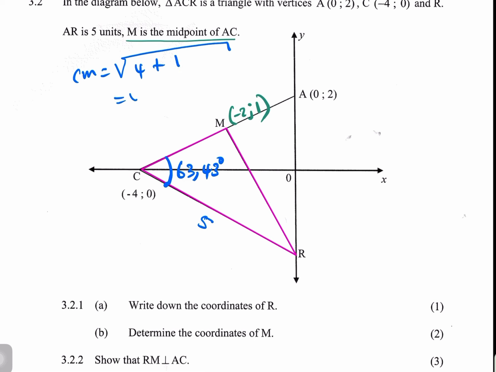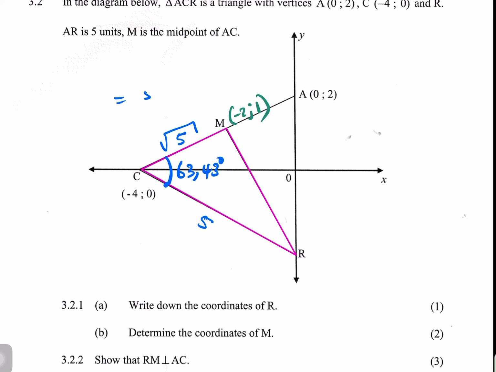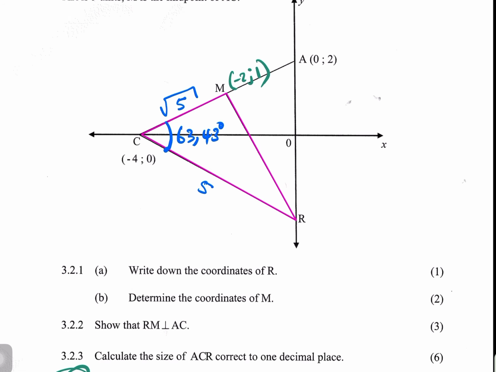As a result, we get √5 for the length of CM by the distance formula. I've just used the distance formula right here. It's a very straightforward concept. Now we can find the area because we now have two sides and the included angle.